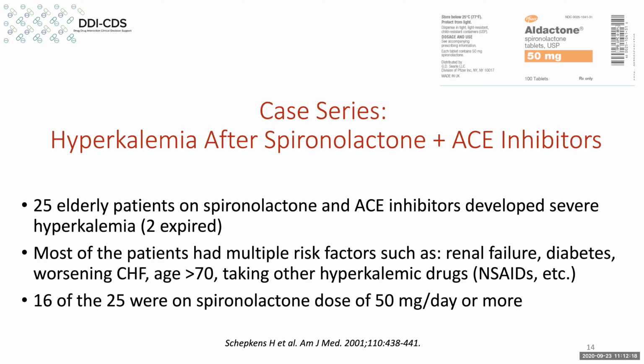This particular interaction where we've got ACE inhibitors and potassium-sparing diuretics has been quite well studied. And what is found over and over again are these set of risk factors. They are, as listed here, renal failure, diabetes, heart failure, age above 70, or taking other drugs that can produce hyperkalemia. And we've talked about some of those a minute ago.